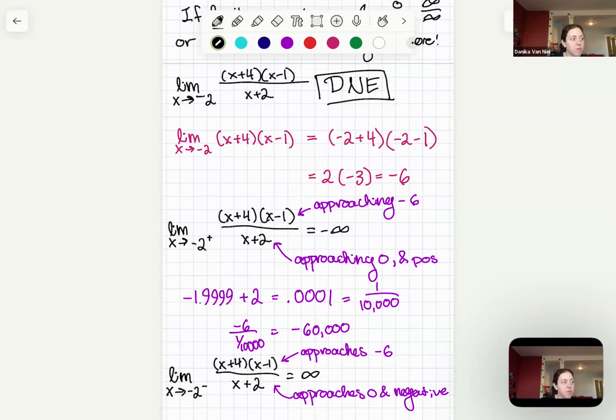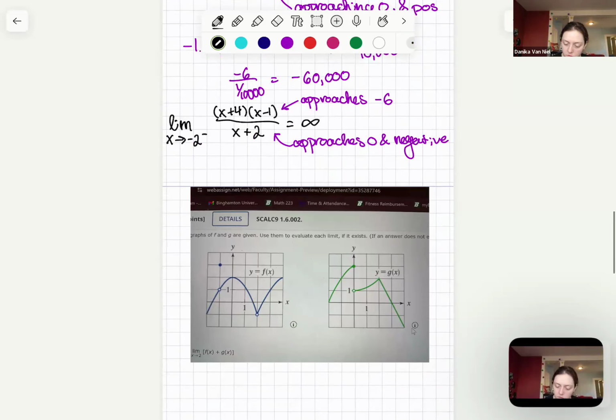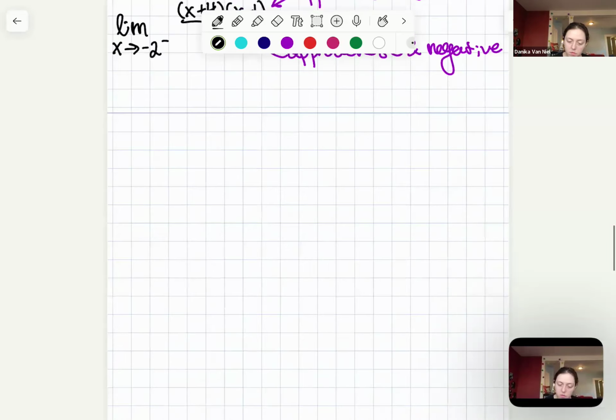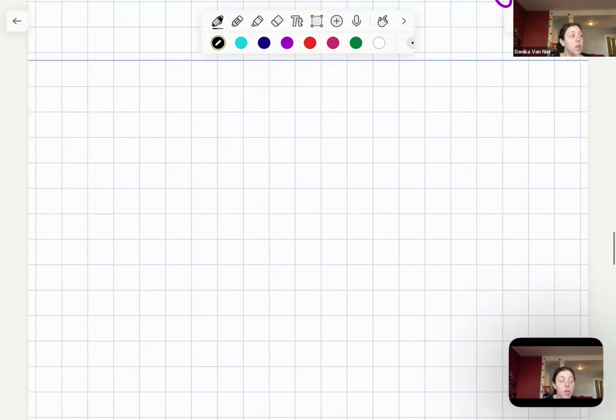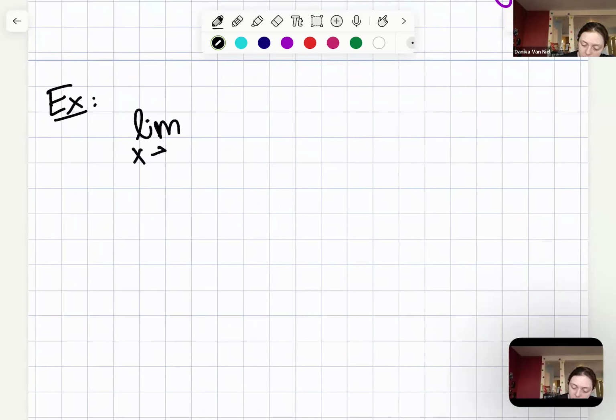Maybe I'll do that one later. Okay. Another example that I want to do is the limit as x approaches 0 of 1 over absolute value of x.